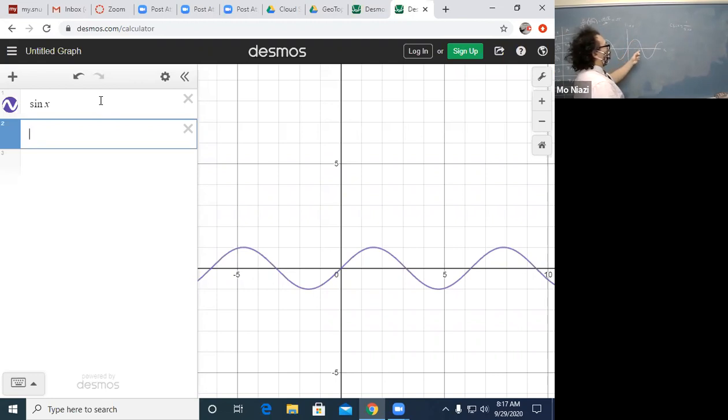Since this white curve is what represents the values of sine of x for an input x, we know that the asymptotes will occur right here, and right here. Just look at where it crosses the x-axis, and then you'll realize there's going to be an asymptote right here, right down the y-axis. There's going to be an asymptote right here.